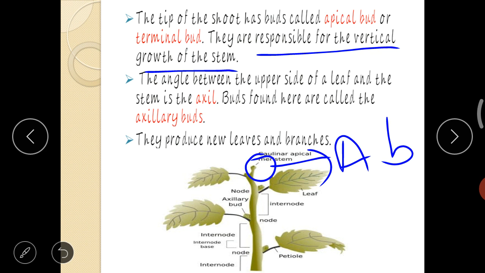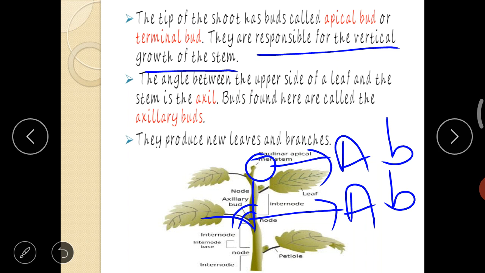The angle between the upper side of the leaf and the stem is called the axil. The bud found in that axil is called the axillary bud, and the main function of the axillary bud is to produce new leaves and branches.